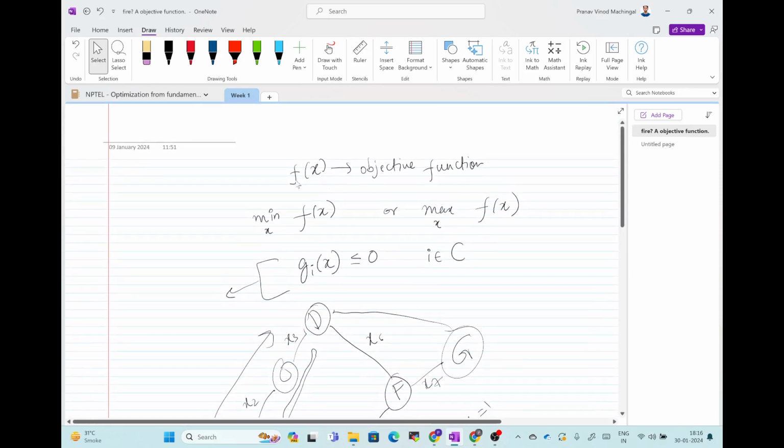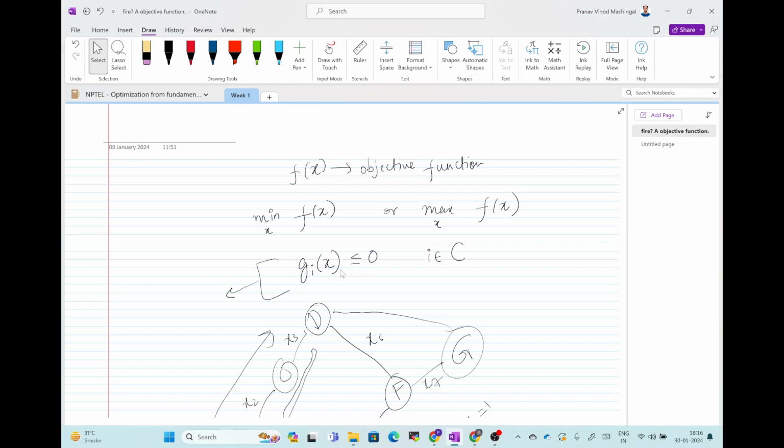Because we are dealing with functions which are mostly real valued, and the constraints that you impose on your variables define a feasible set of values for x for which you can compute your objective function. You want your minimum or maximum value which is attained within the feasible region defined by the set of constraints, right?